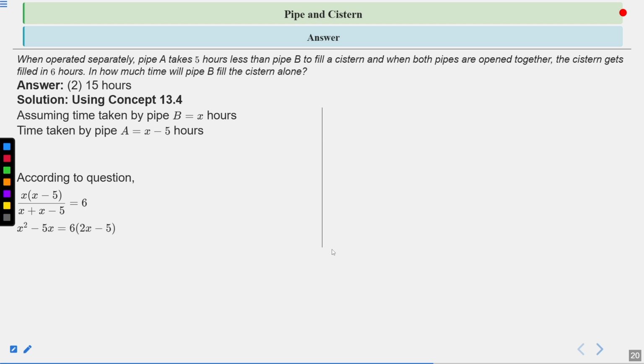When we simplify it, we get X square minus 5X equal to 6 into (2X minus 5). So we get X square minus 5X equals 12X minus 30.